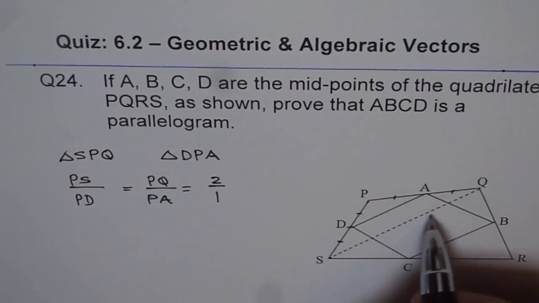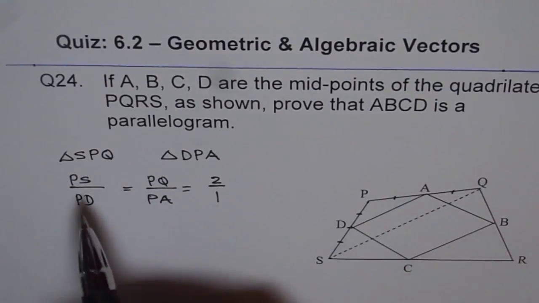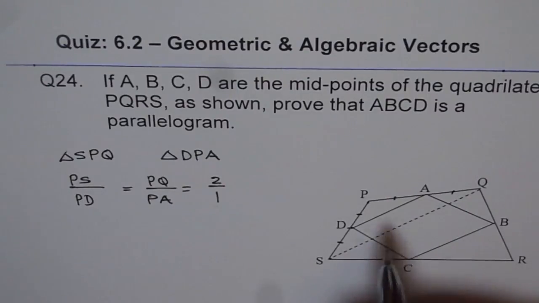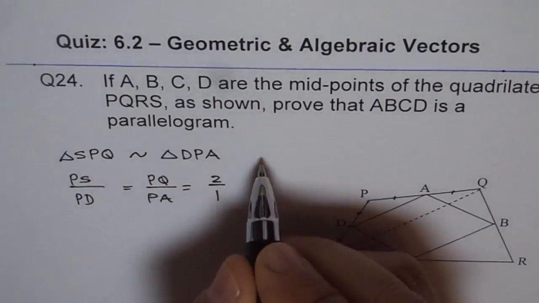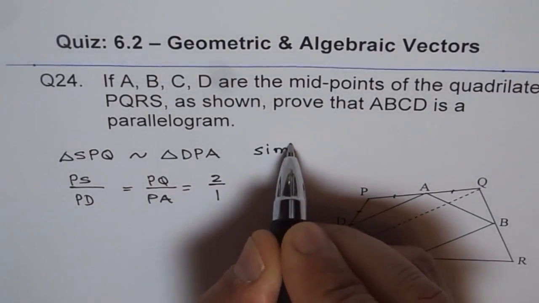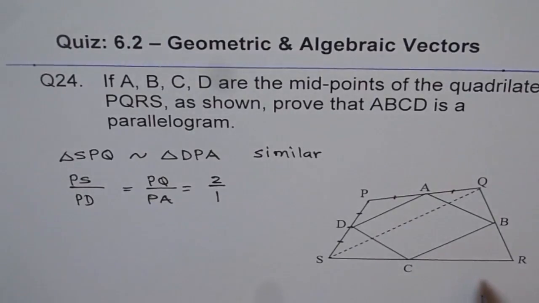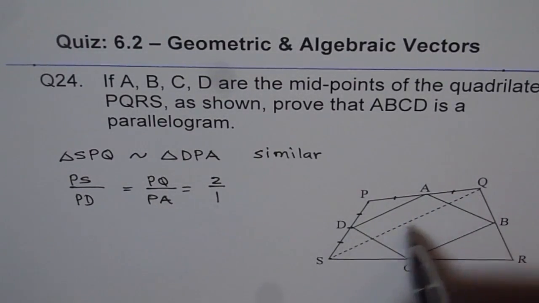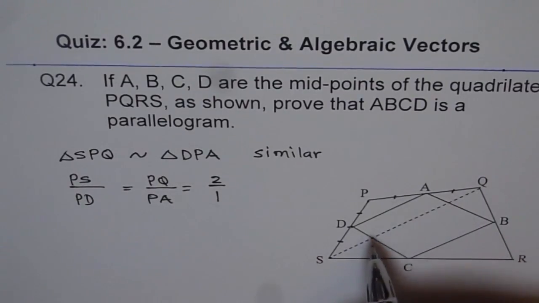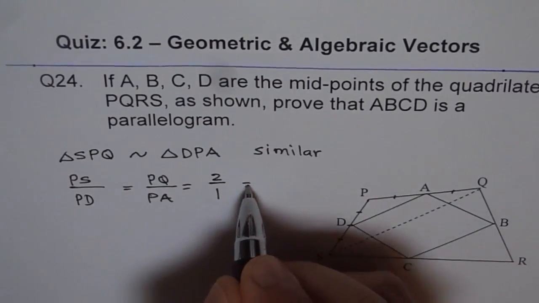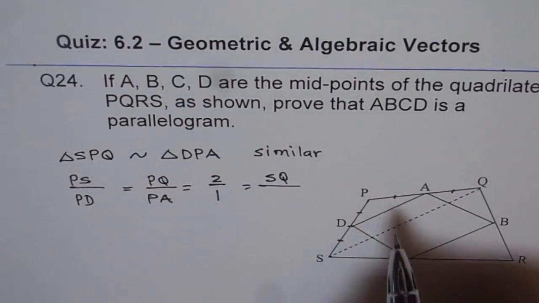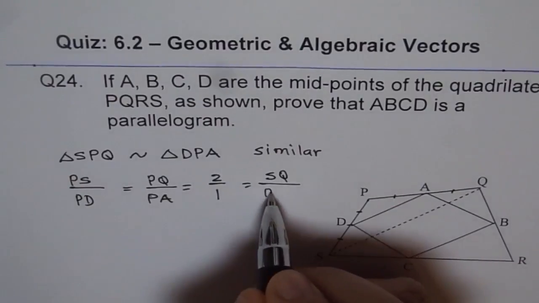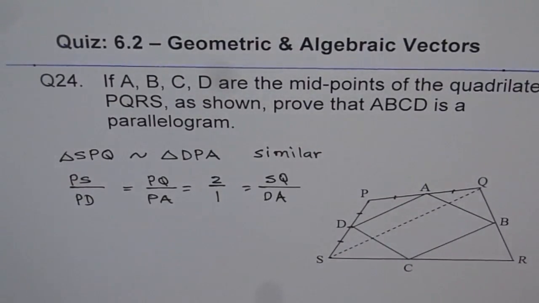So what we see in these two triangles is that their corresponding sides are in a fixed ratio. That means the triangles are similar, so we proved that they are similar. That's the strategy: construct this line and show that we have two triangles which are similar. Now that also means that the ratio SQ over DA is also 2, right?